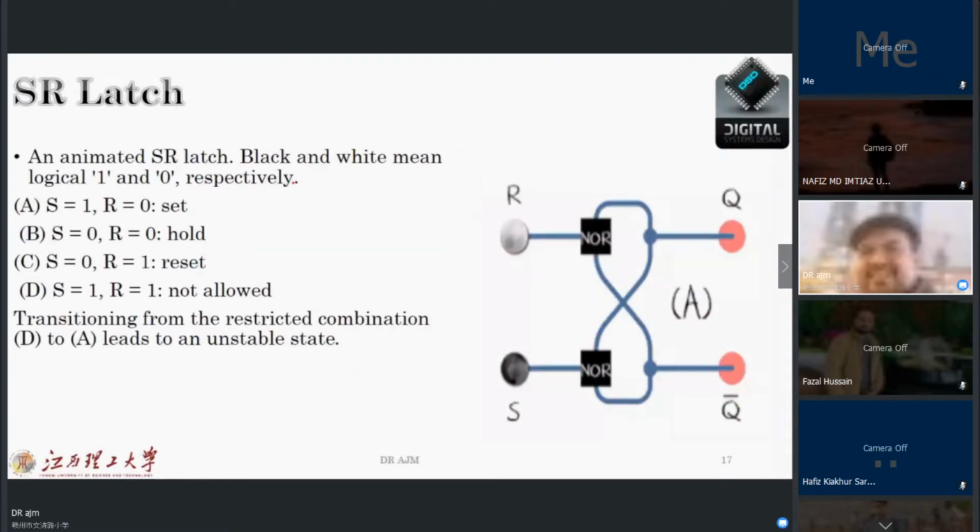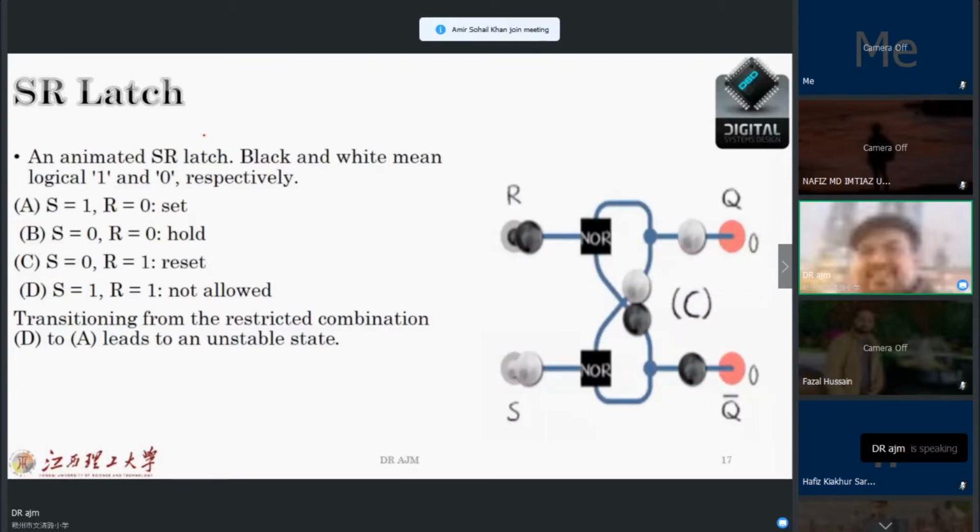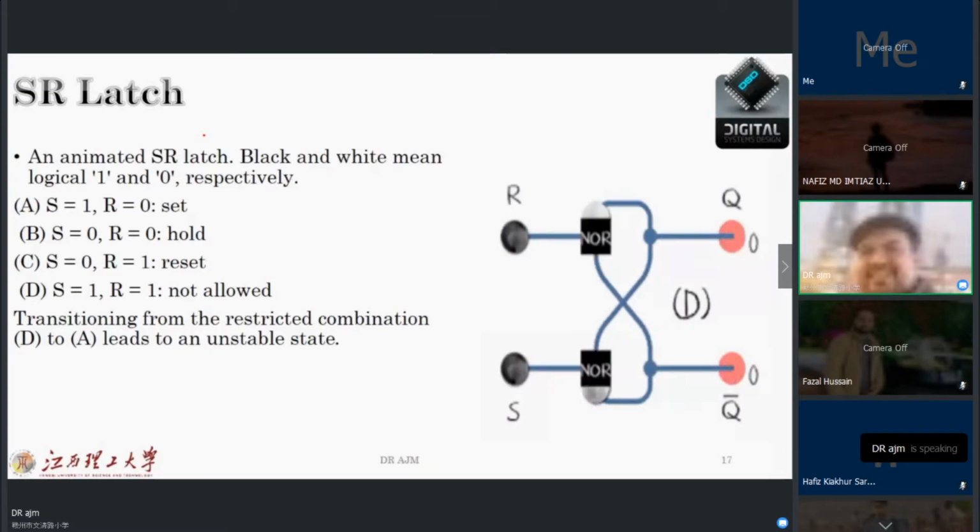Again, let us see with the NOR gate what will happen. If you see the dots as 1 and black dots as 0, you will see how my output can change. Suppose in the case that S is equal to 1 and R is equal to 0, we call this situation set. In the case that S is 0 and R is equal to 0, we call this case hold.